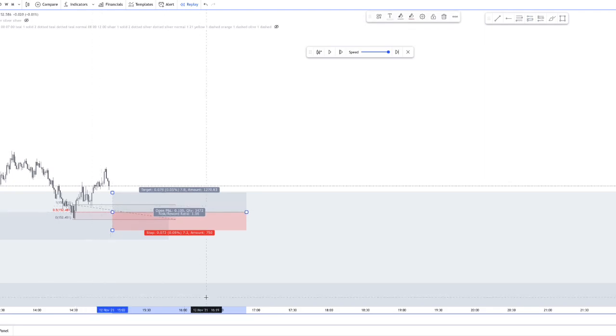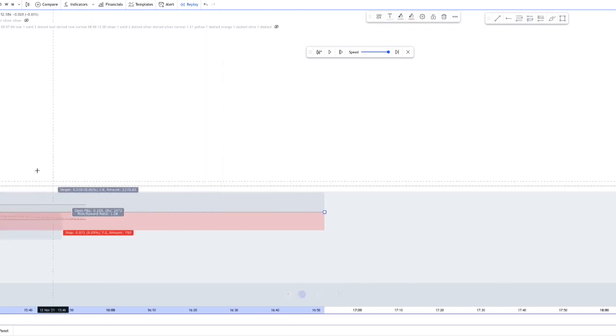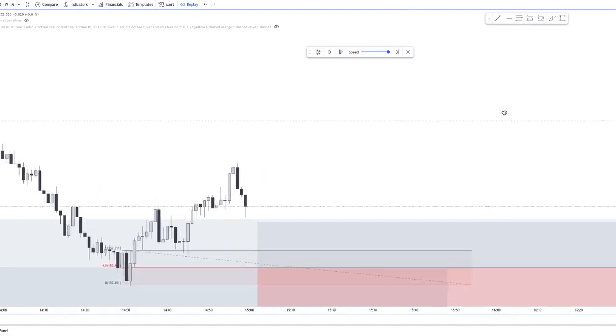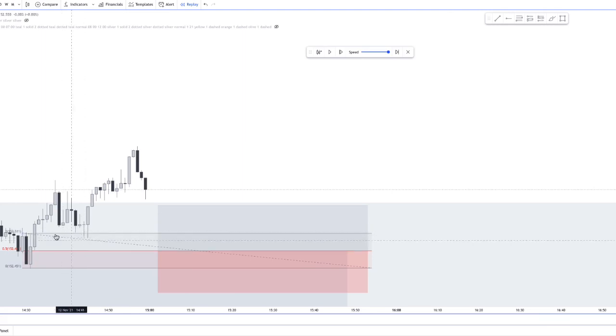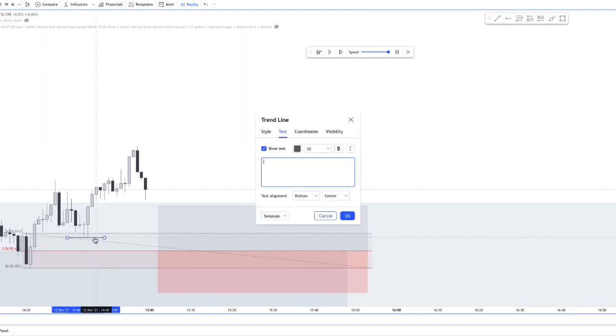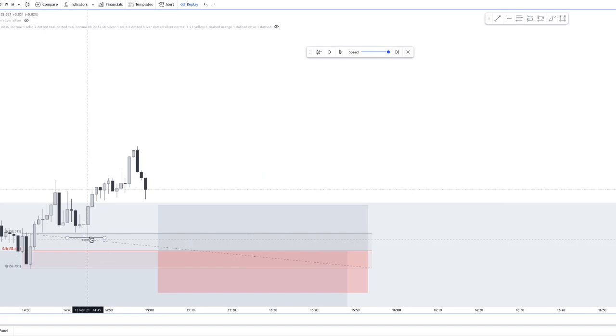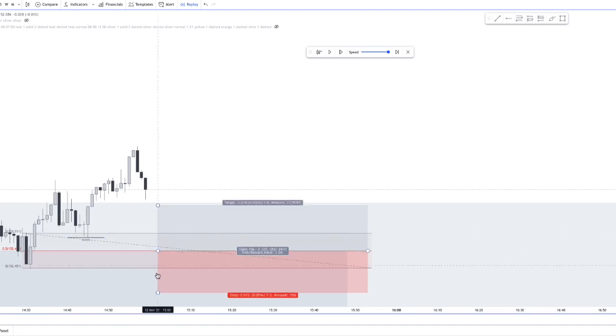We have this. Let me zoom into this entry. Again, we have this inducement, which is a famous topic, but this inducement is just liquidity, and this liquidity has a reason to exist, because this liquidity is going to support this lower price.